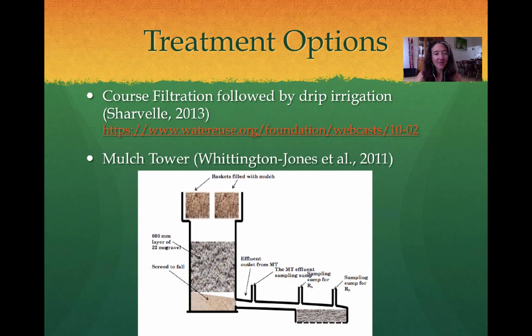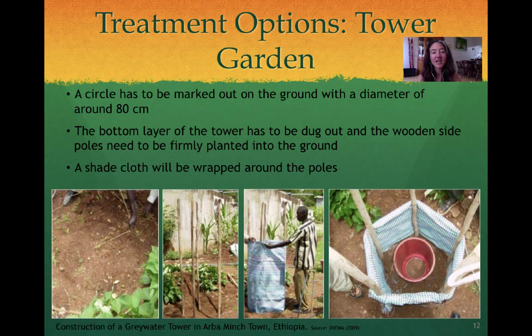It's used in Africa, and this is actually a set of slides that was free to be used for educational purposes. And you can see at the bottom that this comes from the Shua, and this is actually in Ethiopia. So they talk about how you can make a tower garden that actually does the filtration and then allows the vegetables to grow in the outer perimeter of the tower garden.